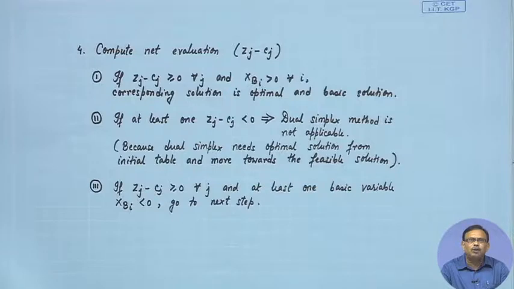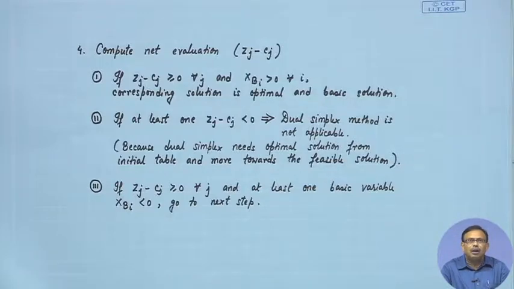If at least one z_j minus c_j is less than 0, then the dual simplex method is not applicable, because the reason is, as we have told, the dual simplex method needs the optimal solution from the initial table and moves towards the feasible solution. That is, it always satisfies the optimality condition, then tries to obtain the feasibility condition.